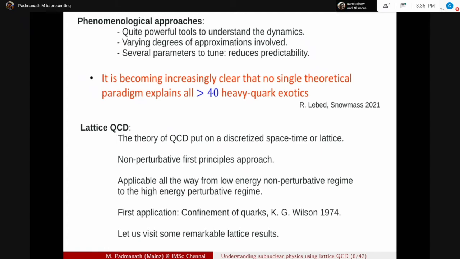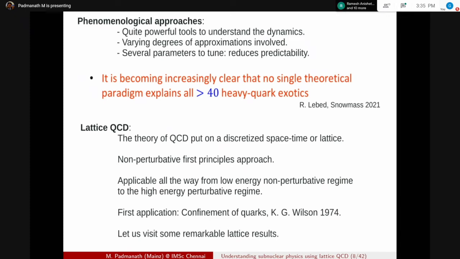To give you a brief picture of lattice QCD: lattice QCD is a technique of putting the QCD theory on a discretized spacetime, or lattice. This is a non-perturbative first principle approach. One can use it all the way from the low energy regime to the high energy regime.